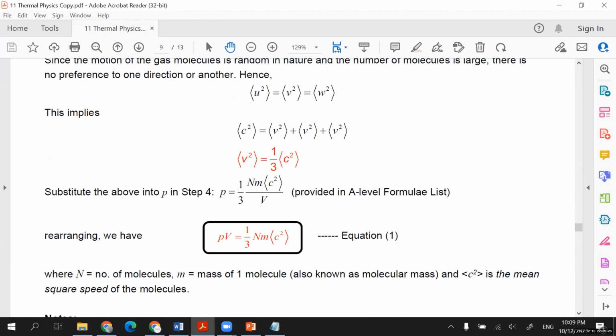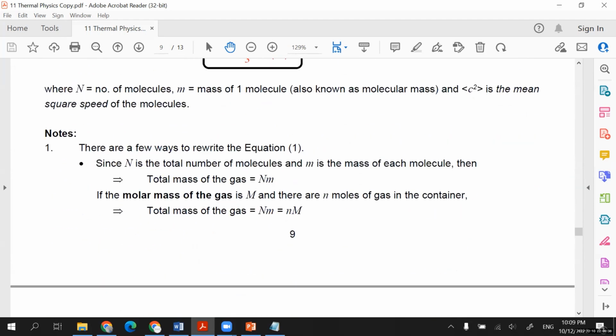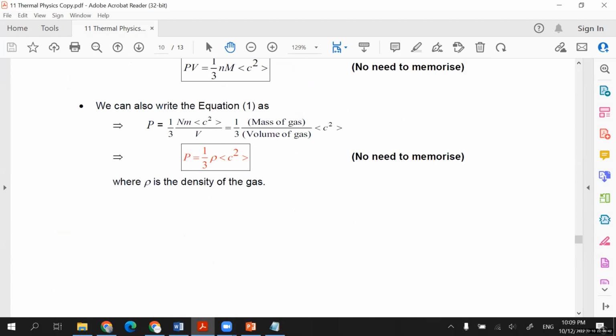So v, remember, is the y component of the velocity, and c is the velocity itself. So with this, we are able to get equation 1, and from there, we'll be able to get the equation P equal to 1/3 rho c squared, where rho is the density of the gas.